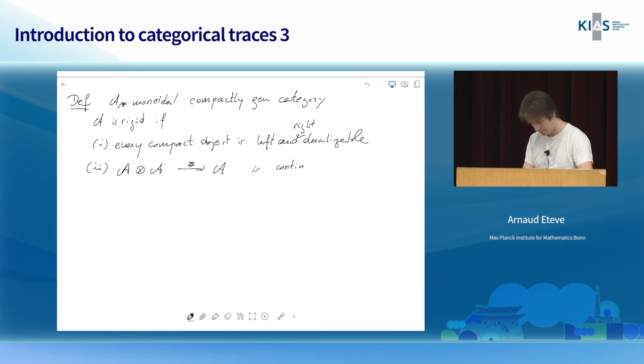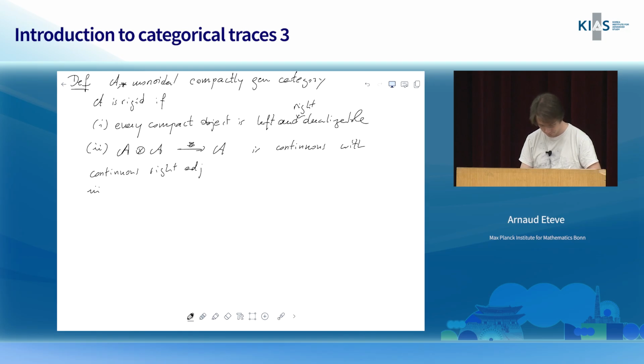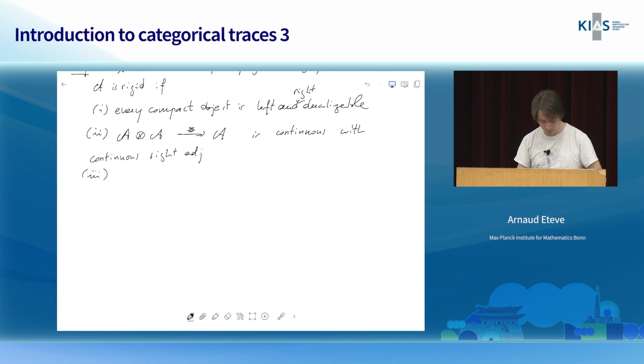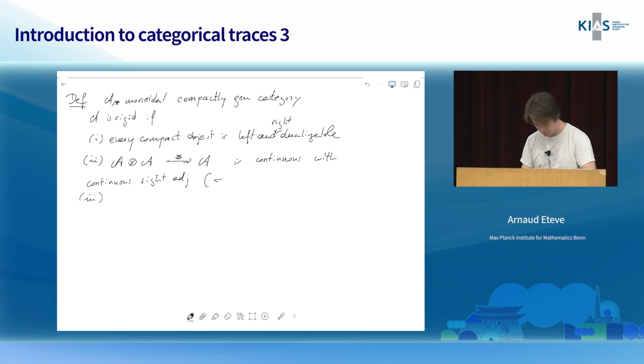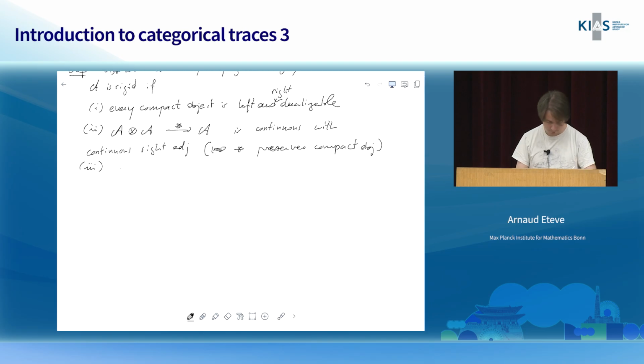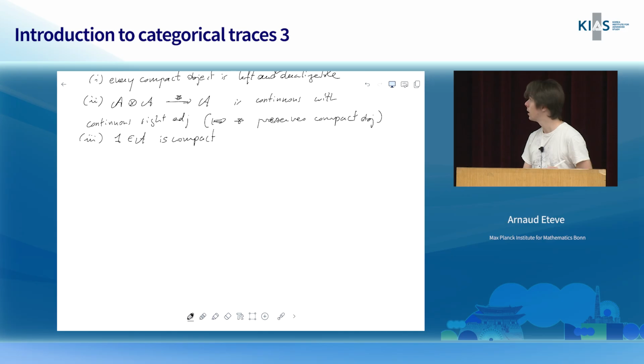It's a continuous right adjoint, which here means that convolution preserves compact objects. And I want the unit in A to be compact.